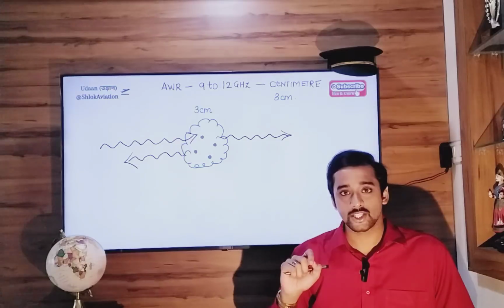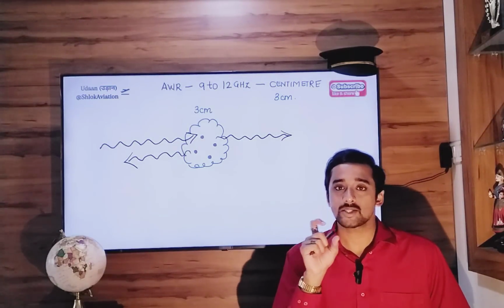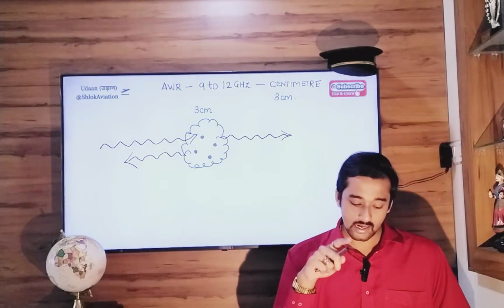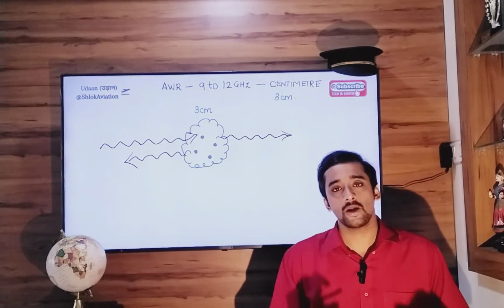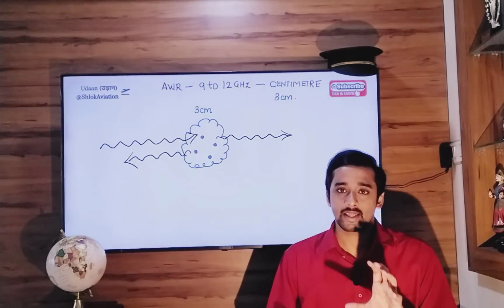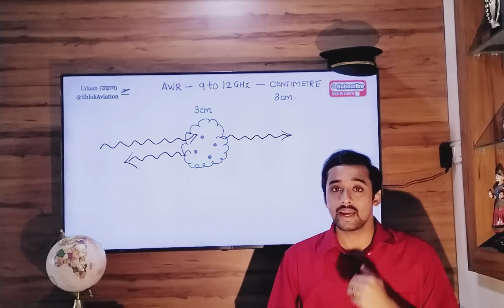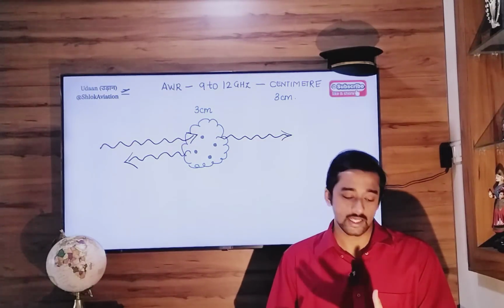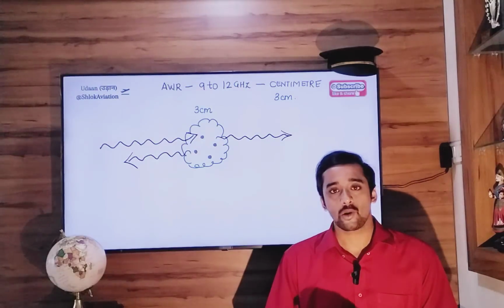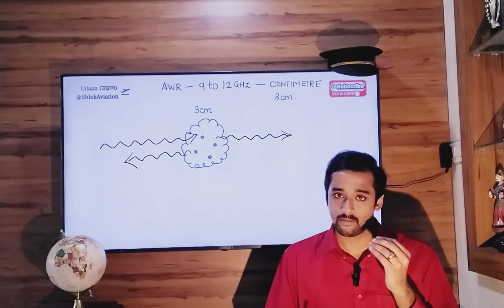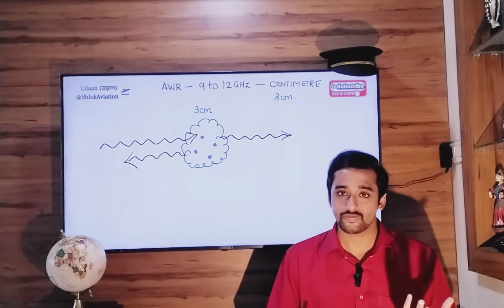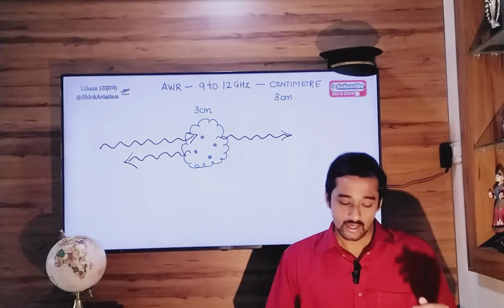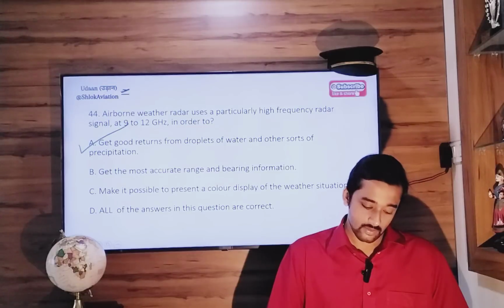So in order to get reflections, the size of the water droplet must be roughly equal to the wavelength of the radio signal. Large water droplets tend to be of 3 centimeter diameter, so the wavelength we need should also be equal to that value, and therefore we use frequencies in the band of 9 to 12 gigahertz, because in that band you get a proper balance of wavelength and good reflections.